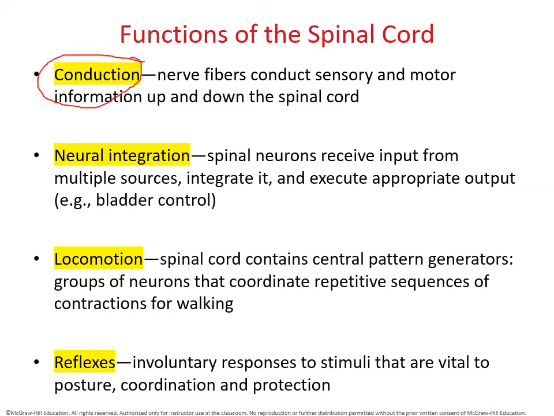The second one is neural integration. Neural integration focuses on the fact that the neurons in the spine are able to receive input from multiple sources, meaning it doesn't matter if it's from a visceral source or more of a somatic source, whichever part of the sensory system is signaling the senses.